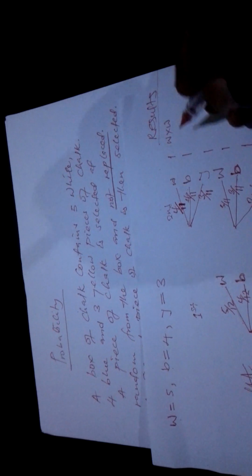Then we have this branch here times B. So let's complete the multiplication with white: W times W, W times B, like that. Again, W times Y here, like that.